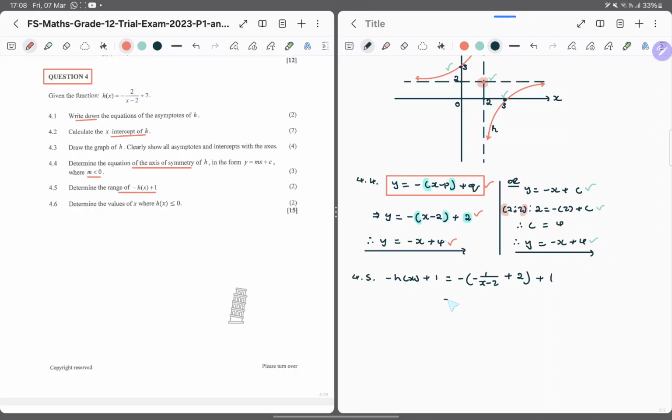So that's the notation. So negative times negative is positive. Then this becomes minus 2 plus 1, which is going to be minus 1. That's the equation of our situation here. So just know how to handle this.